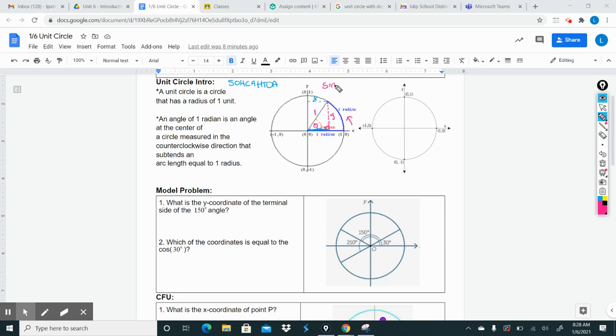The sine of theta is y over 1, and the cosine of theta would be x over 1, which would just be x. And the sine of theta, which is y over 1, would just be y.